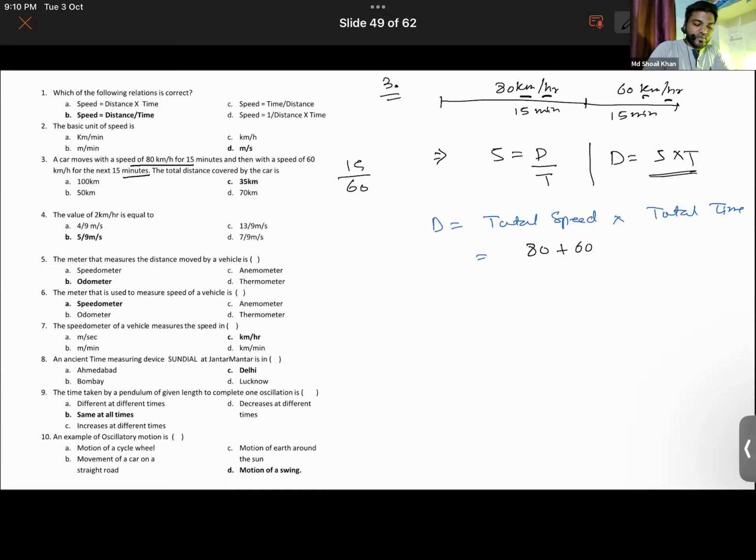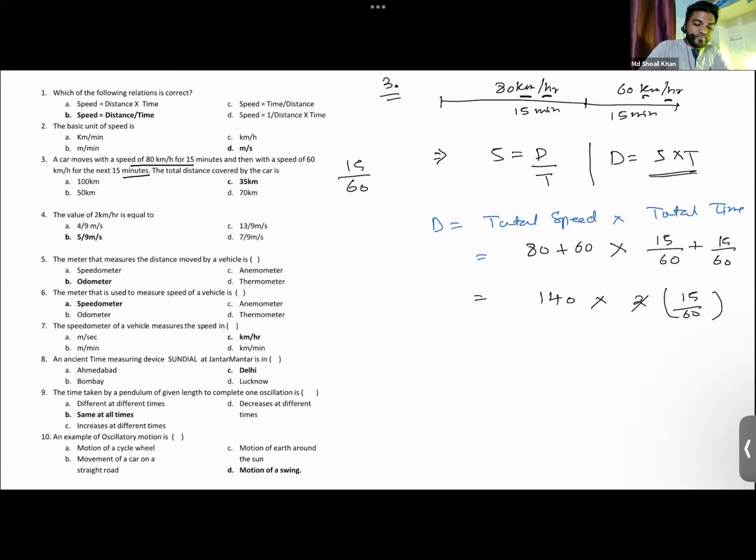So 80 plus 60 multiplied by 15 upon 60 plus 15 upon 60, or just multiply 15 upon 60 by 2. 140 multiplied by 2 multiplied by 15 upon 60. Are you guys getting it?